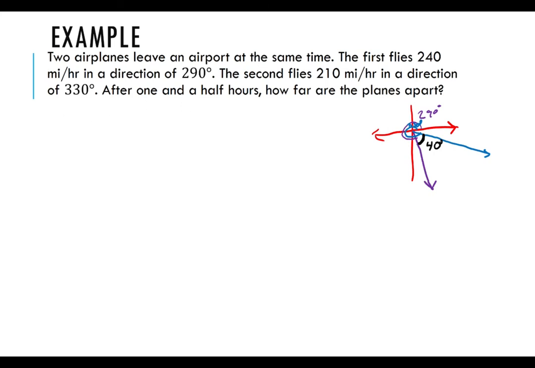Now we have a little bit more extrapolation. The plane going in the 290 degree direction flies 240 miles per hour. They're both flying 1.5 hours, so to figure out the distance, I just need to multiply the speed times the time. 240 miles per hour times 1.5 hours gives me 360 miles.